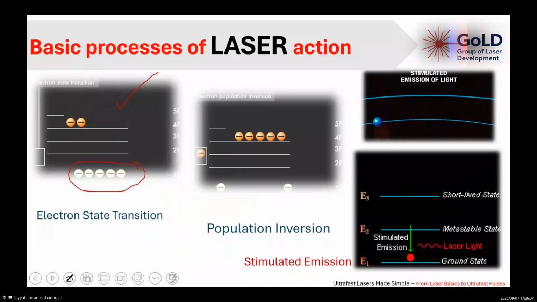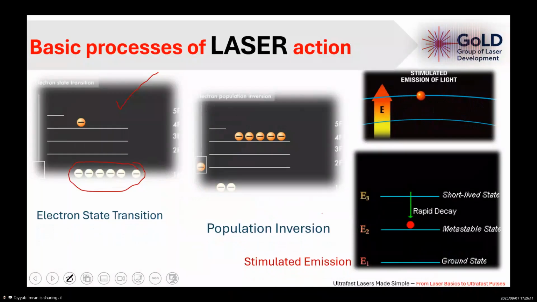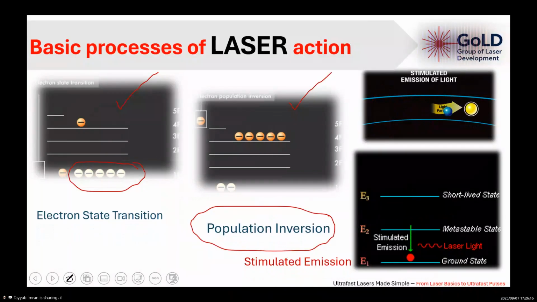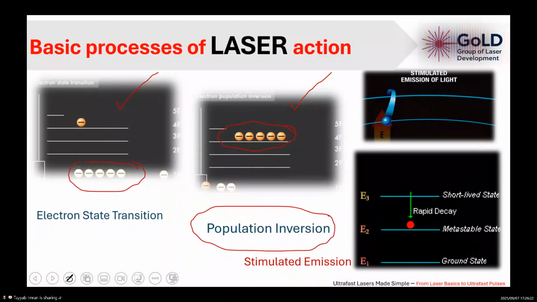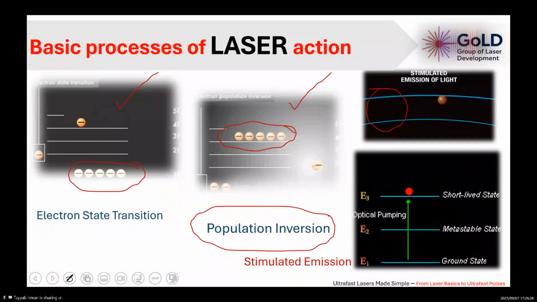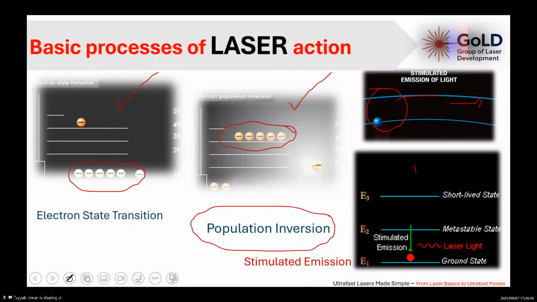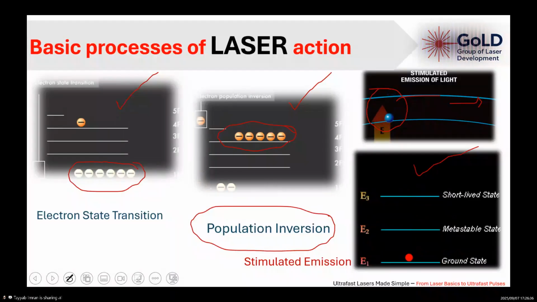Okay, and here if you see, population inversion happens, and what we have is more electrons in the higher state. Okay, so I don't get excited here. And we supply the energy from outside, and this is how things are stimulated, and we have photons at the output. These animations are showing like this.